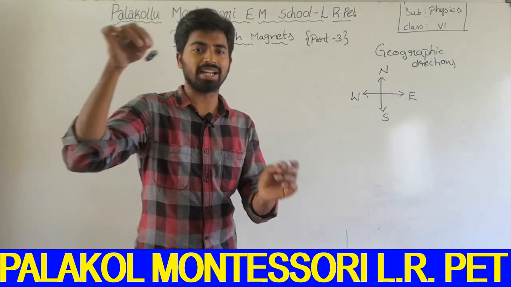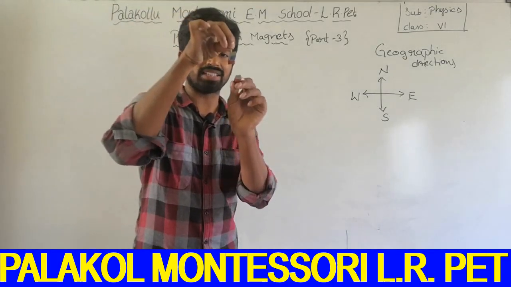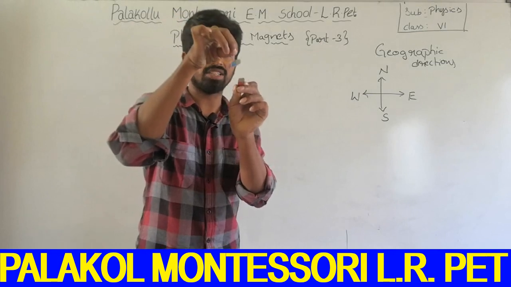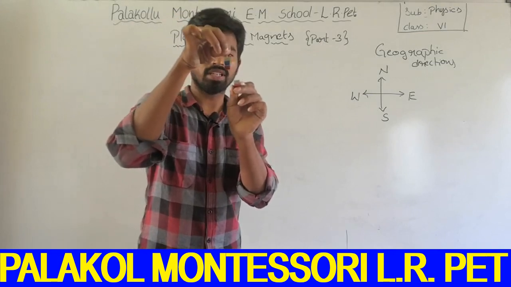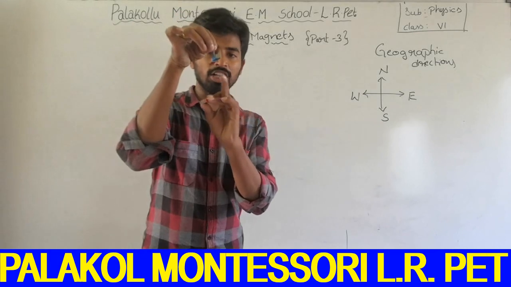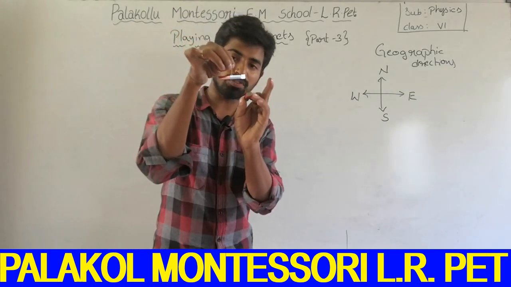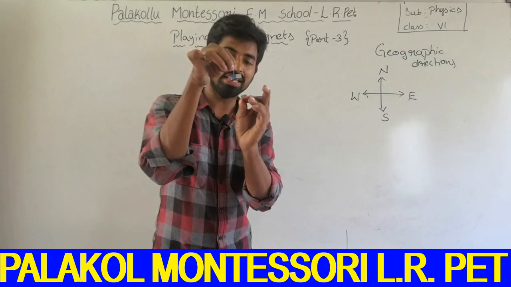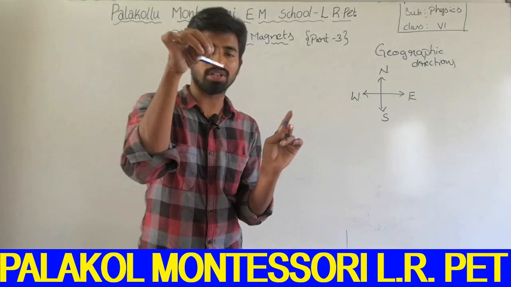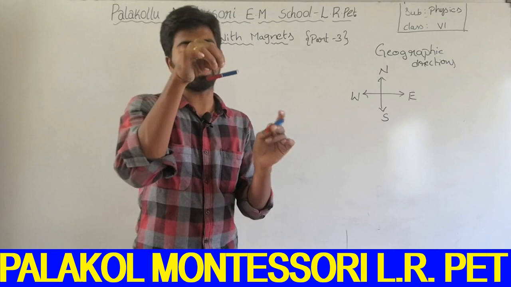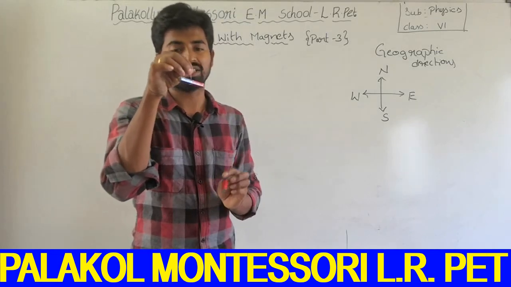Let us place this bar magnet under the suspended magnet. If you observe here, the north pole of the suspended bar magnet is towards the south pole of the bar magnet placed below it.